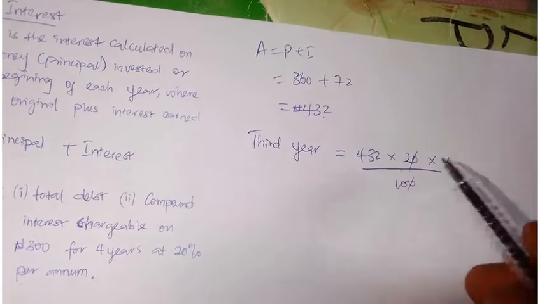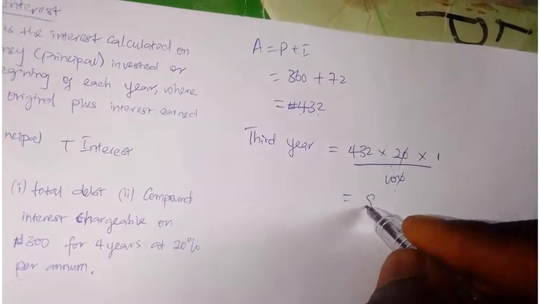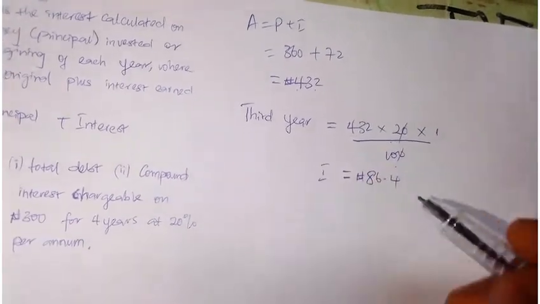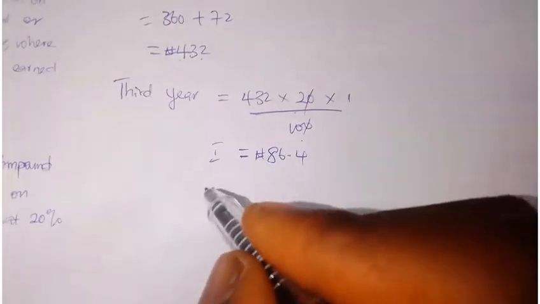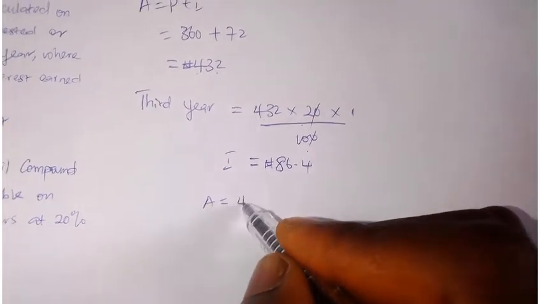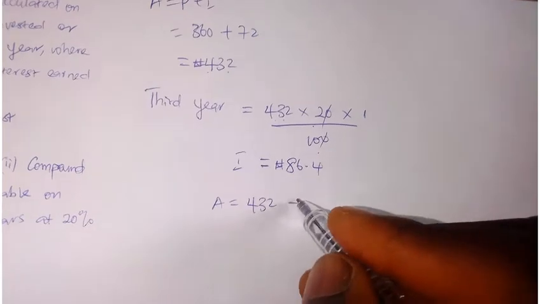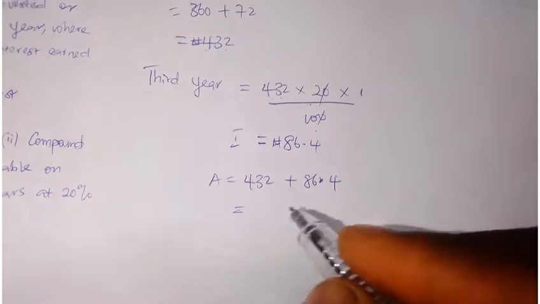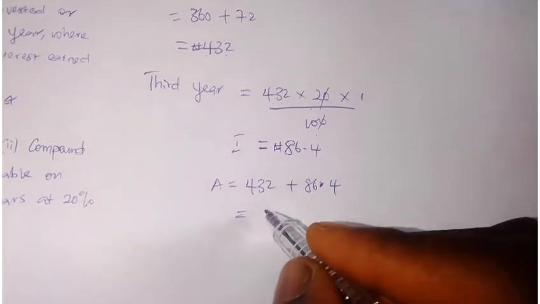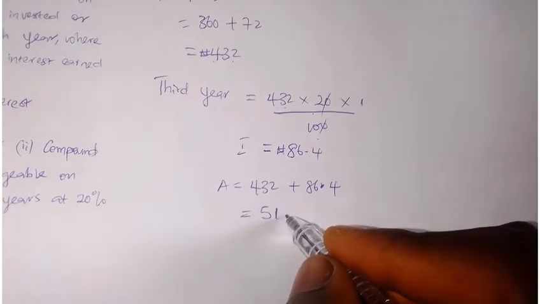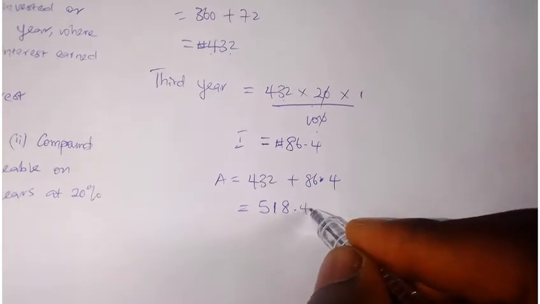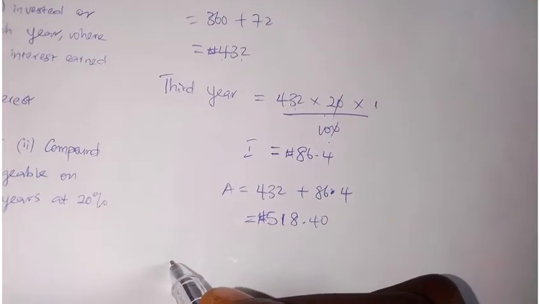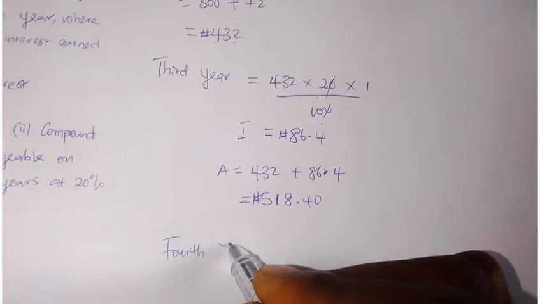If I divide by 10, that becomes 86.4 naira as the interest for the third year. In which case, what now happens? My amount now becomes 432, which is the new principal, plus 86.4, which gives 518.40 naira.